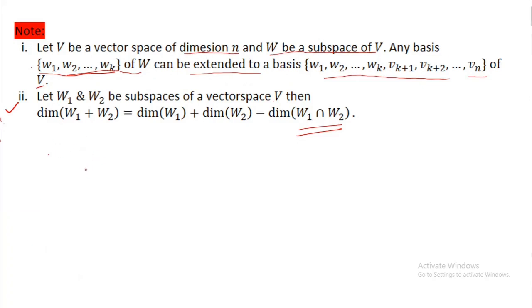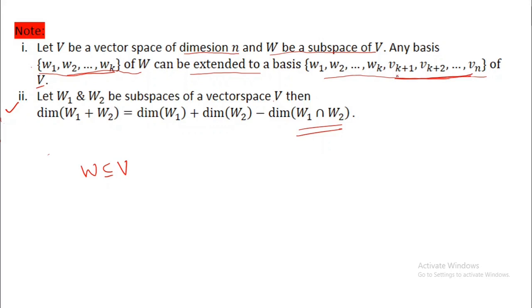Over here the vector space V is given, which is finite dimensional, and W is given to be a subspace of V. So W is a subset of V naturally. Now if we have a basis of W, we can add some vectors to that basis and get a basis of V from it. I will repeat what I am saying. If we have a basis of W, a subspace, we can add some vectors to that set.